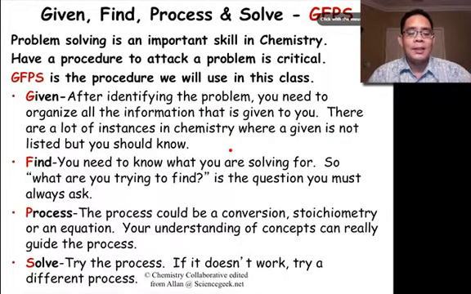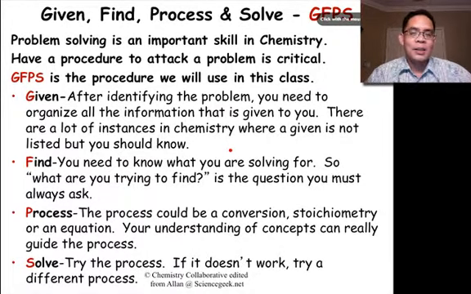Last but not least, try the process. If it doesn't work, try a different process. And the idea is you don't get better at problem solving by not trying to solve a problem or by listening to me solve problems or looking at how I solve problems. You get better by trying and trying and trying and trying. So don't ever give up. Keep trying.